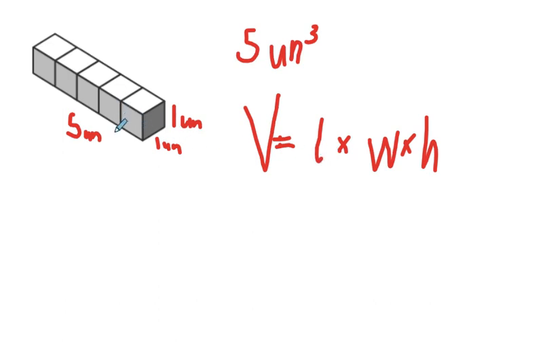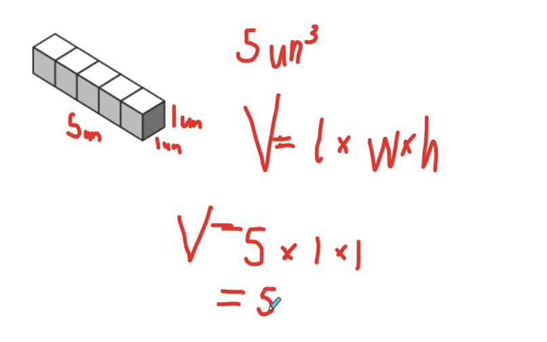So to find the volume of this rectangular prism, all you would do is take the length, which was 5, and multiply it by the width, which was 1, and then multiply it by the height, which was 1, and your answer is 5 units cubed. 5 times 1 times 1 is 5.